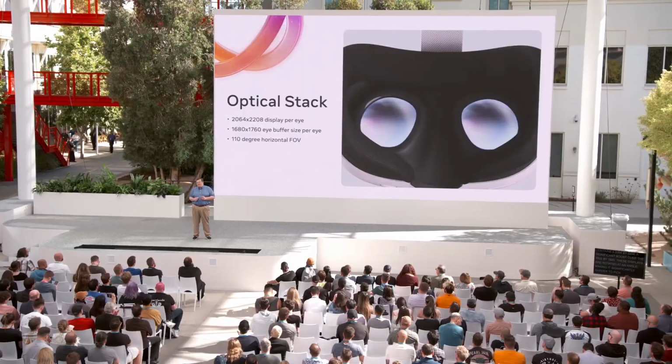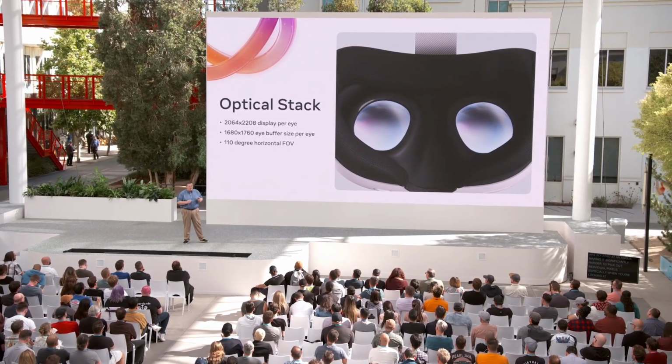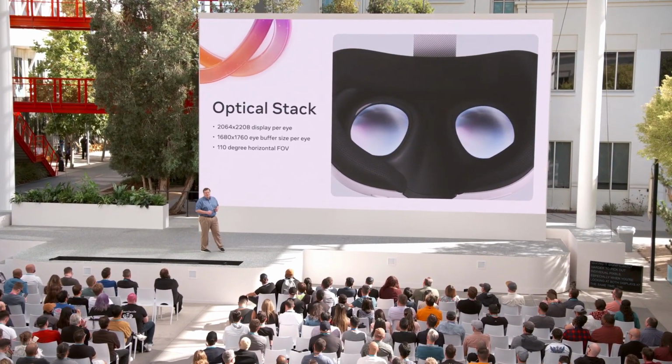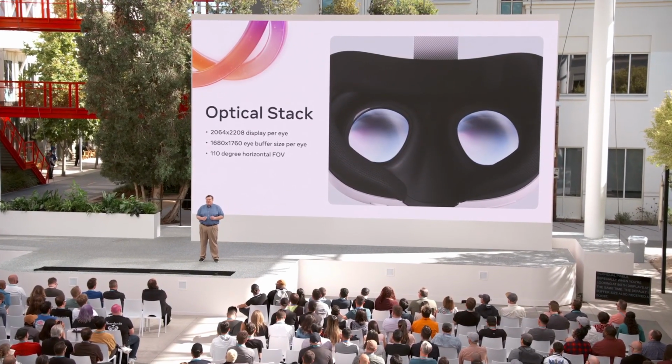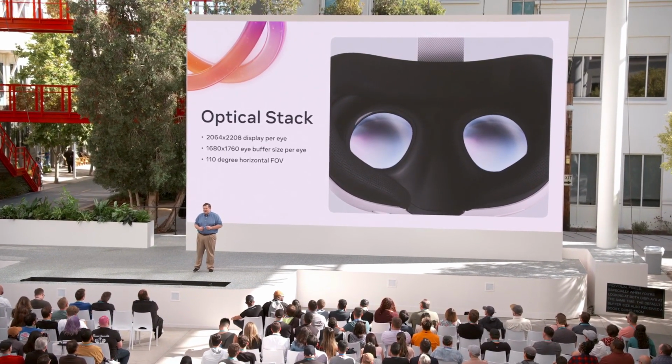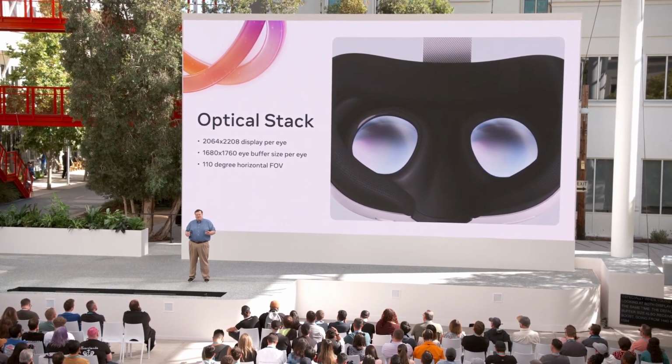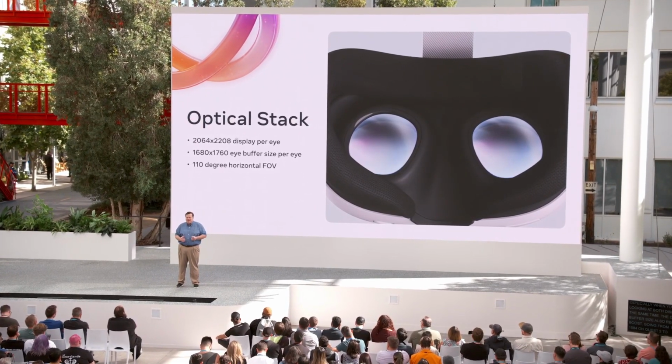The default eye buffer size also received a boost, going from 1440 by 1584 on Quest 2 to 1680 by 1760 on Quest 3. Why not closer to the native resolution of the panel? Considering the distortion that takes place to make the image display correctly to users, we found this to be the best balance of resolution and performance.